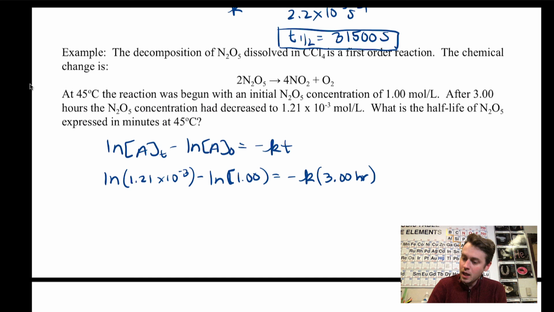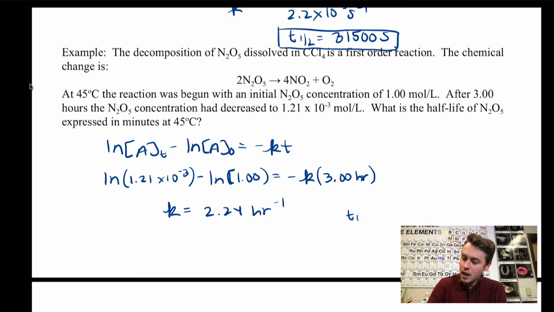I'm going to plug this into my calculator, and I got that k is 2.24, and that is going to be per hour.